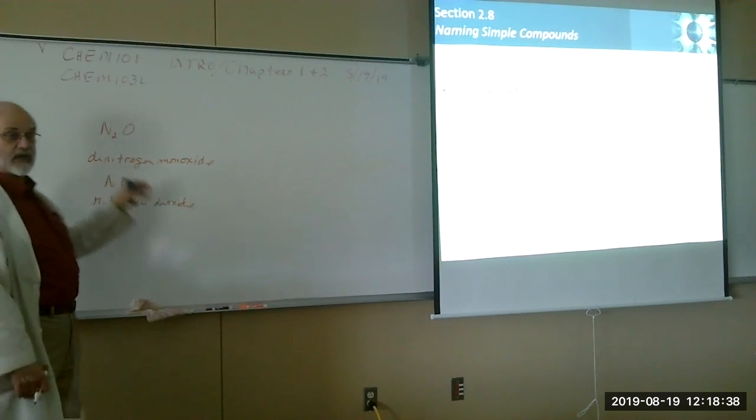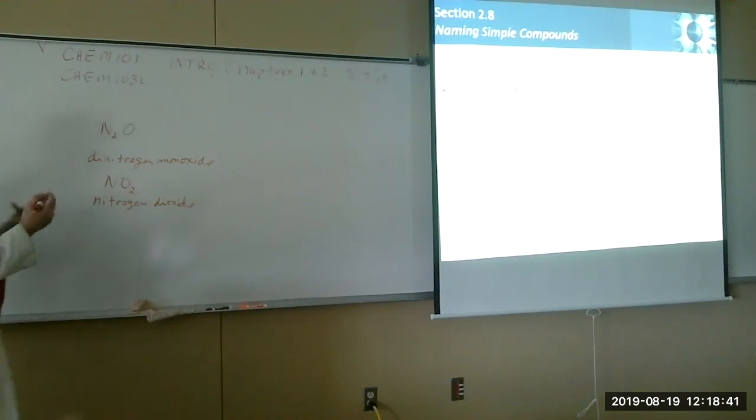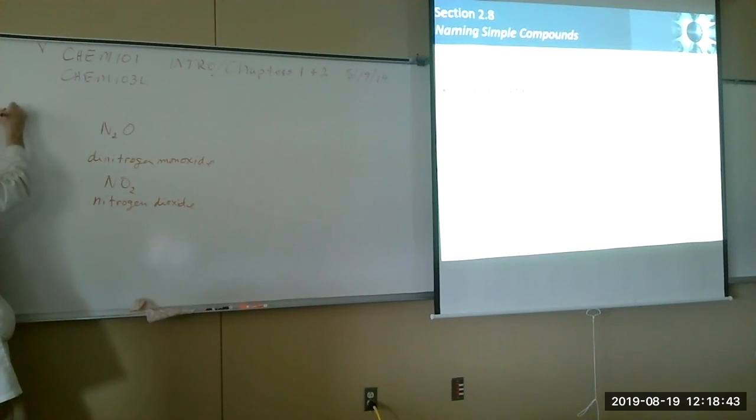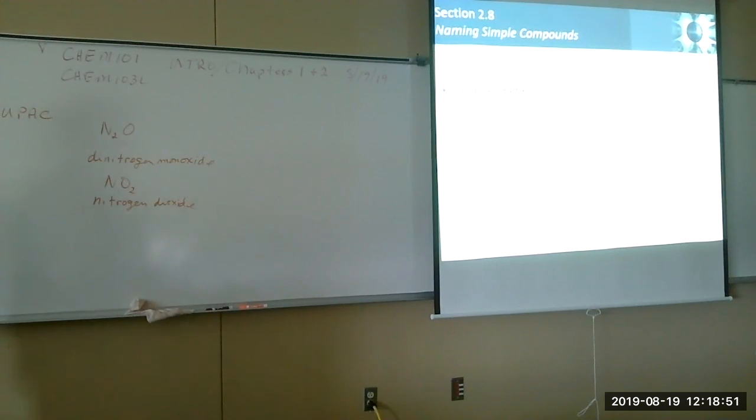Now, dinitrogen monoxide is the proper name by convention laid out by this organization, IUPAC, International Union of Pure and Applied Chemists. They set the rules for naming compounds. These namings, all organic compounds, they fill this room with those, so many of them. But they set the convention for naming compounds, among other things. But there are trivial names that are associated.